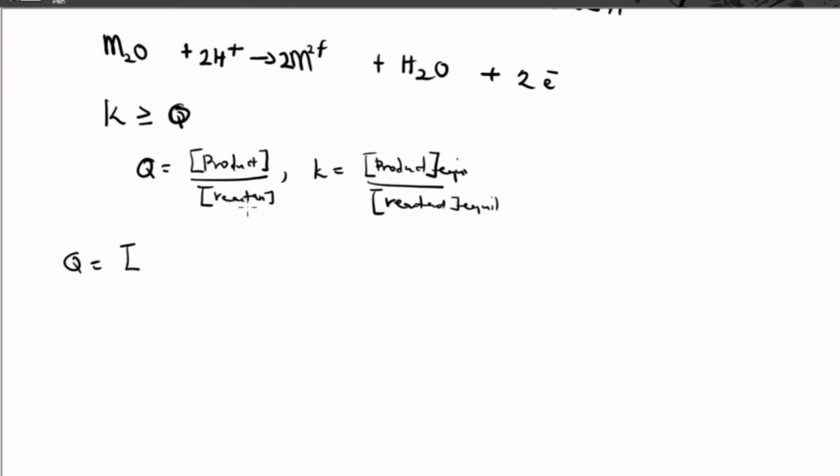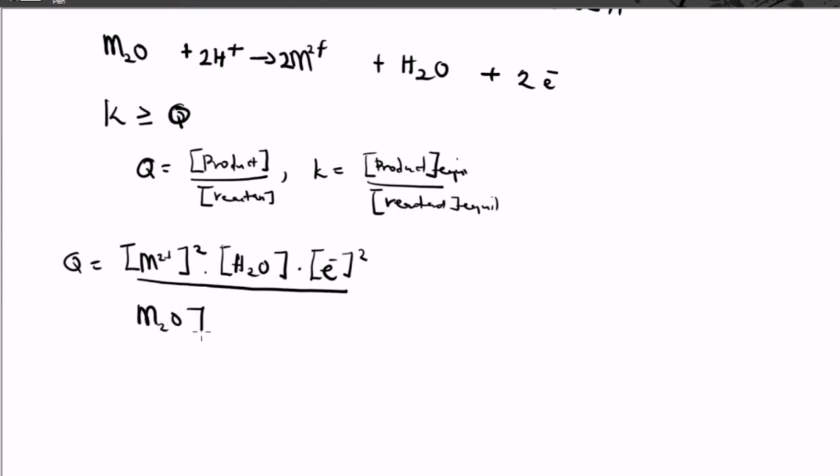In this case, we have M2+ exponent the number of moles, times our water, then times our electron exponent 2, all over our reactant, which is the M2O concentration, then times our hydrogen ion concentration, exponent 2.